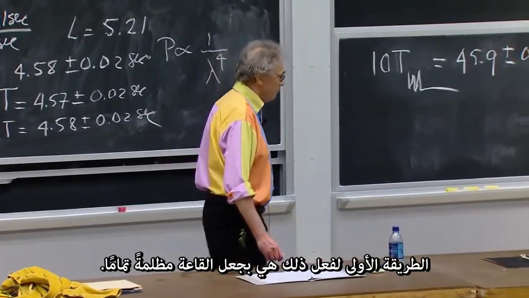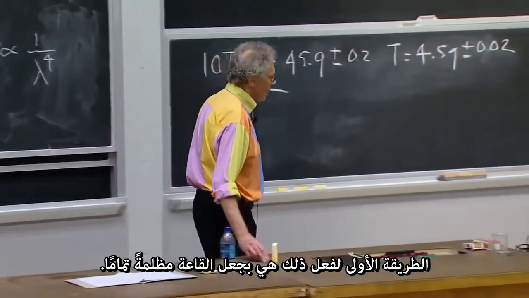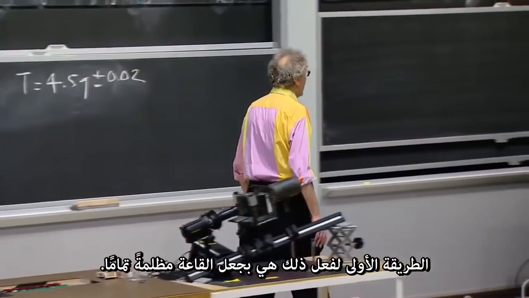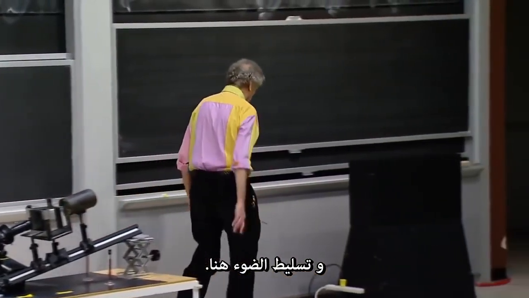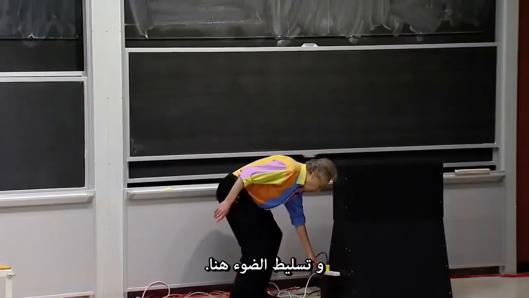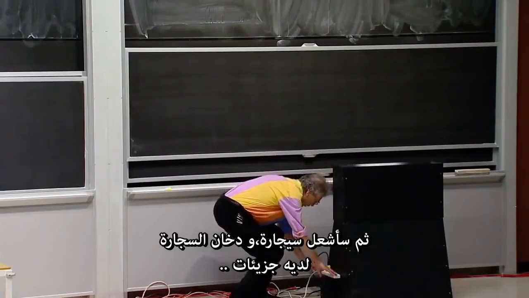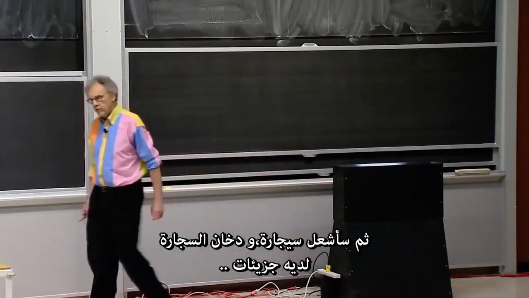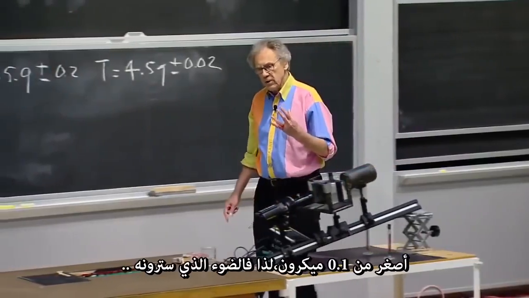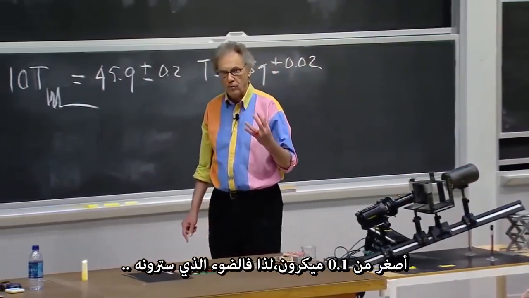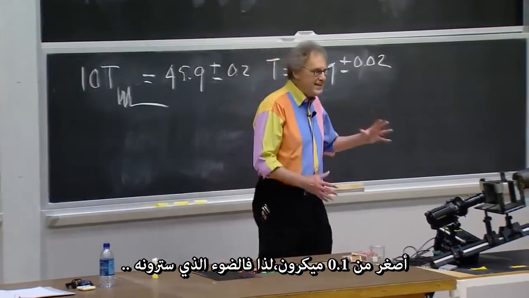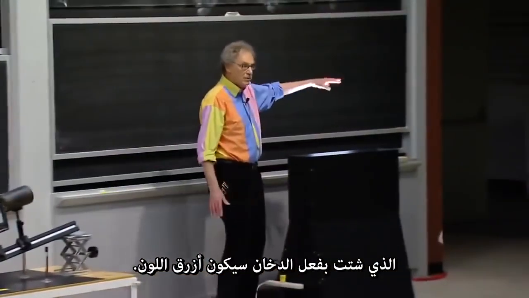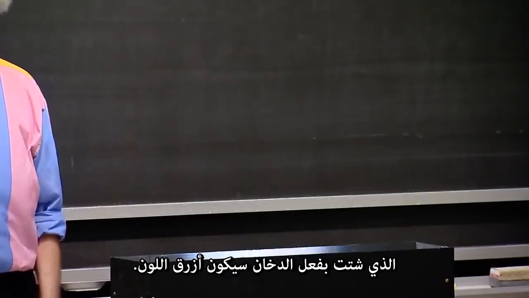The first way that I'm going to do that is to make it completely dark in the lecture hall and have light going straight up here. Then I will light a cigarette, and the smoke of a cigarette has particles that are smaller than a tenth of a micron. And so the light that you will see that is scattered off the smoke will be blue.